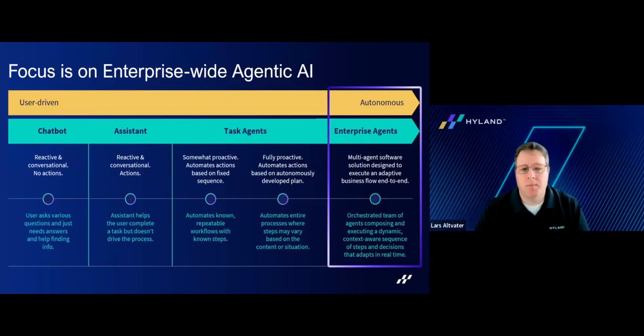And agent capabilities, including tool usage, decision-making, the level of autonomy, all of these things improve as you move from left to right. A lot of market players are now focusing on the assistants, script running task agents, while Highland really is focused on delivering enterprise agents.